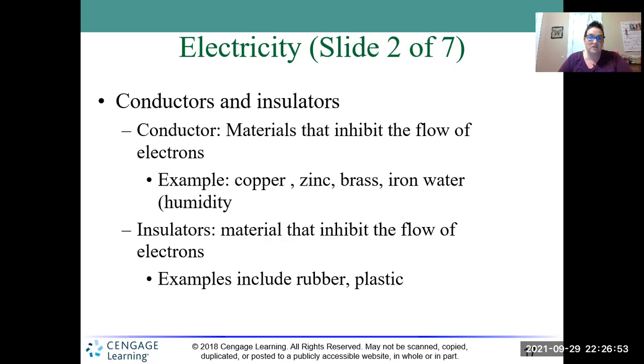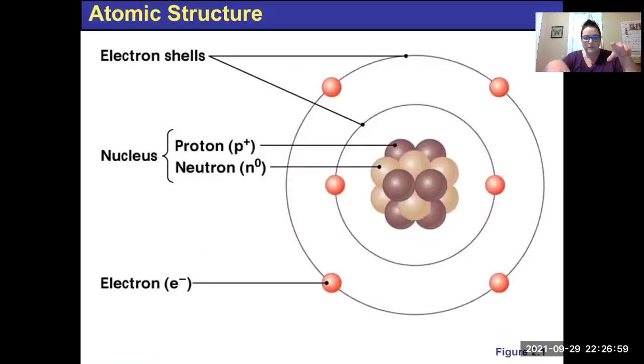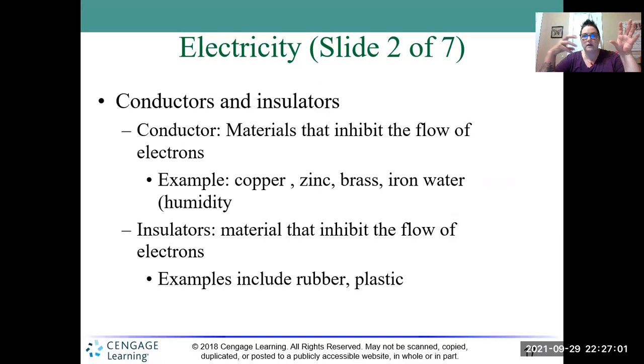So conductors are the materials that inhibit the flow of the electrons. So those electrons on that outer rim are going to be attracting to each other, and they're going to be creating a flow. It's usually going from the positive to the negative, or the negative to the positive in some cases.